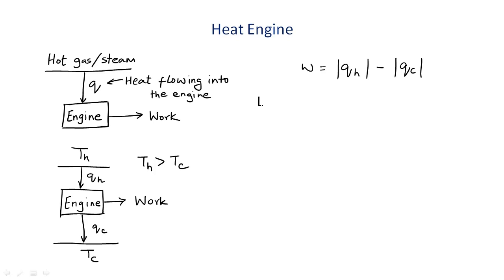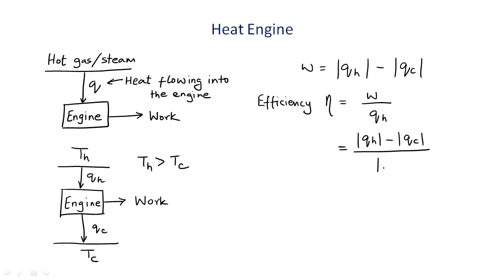The efficiency, which we'll denote with eta, is equal to work done divided by the heat absorbed. That is Q hot minus Q cold divided by Q hot, which is equal to 1 minus Q cold divided by Q hot.